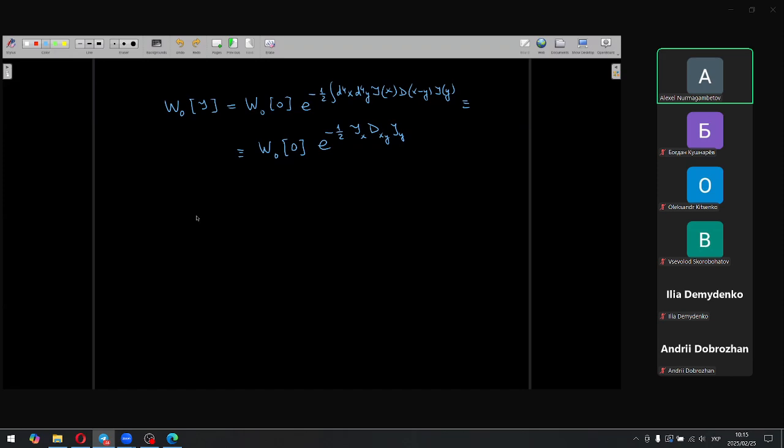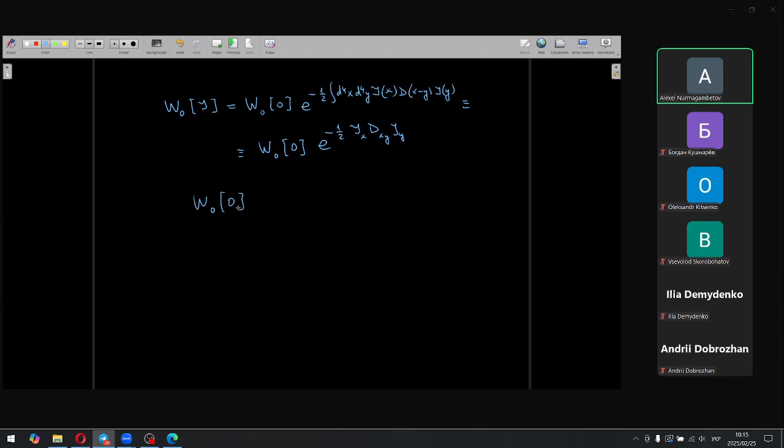Okay, let's go ahead. Before continuing further, let me point out the following on the expression encoded at W0 at zero source.